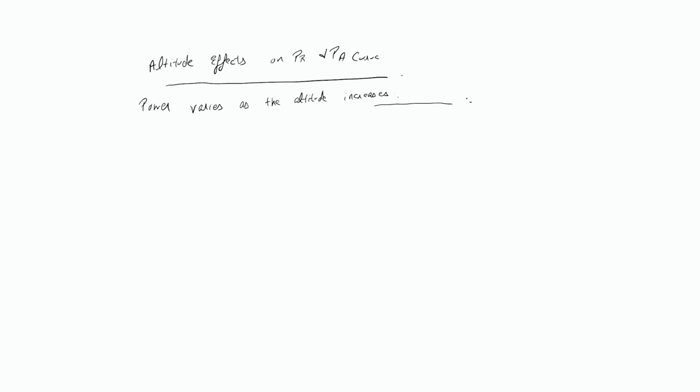So consider sea level conditions, where V naught is given as square root of 2W by rho naught S CL.